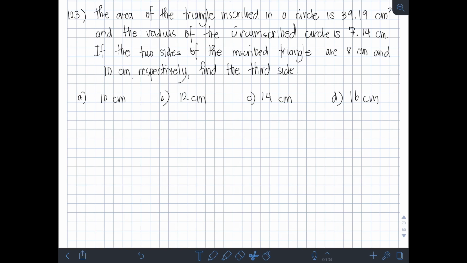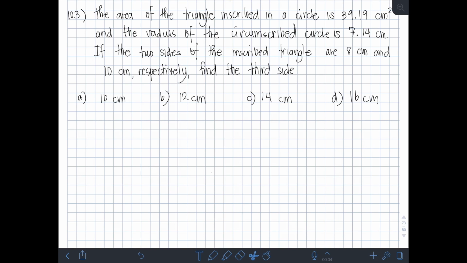Next, we have the area of the triangle inscribed in a circle is 13.19 square centimeter. And the radius of the circumscribed circle is 7.14 centimeter. If the two sides of the inscribed triangle are 8 cm and 10 cm respectively, find the third side. Okay, so meron tayong case kung saan yung triangle is naka-inscribe daw sa circle.